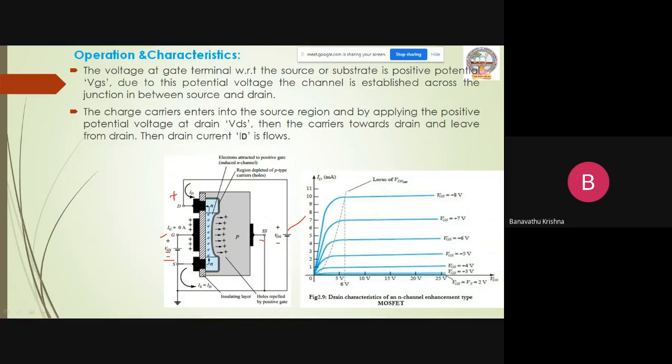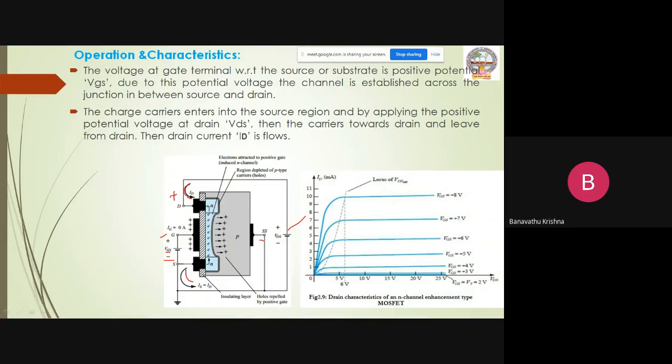This is the direction of electron movement towards the drain, so there is a current, and it leaves the source region as IS equal to ID. The electrons enter the channel through the source and leave the channel through the drain terminal.